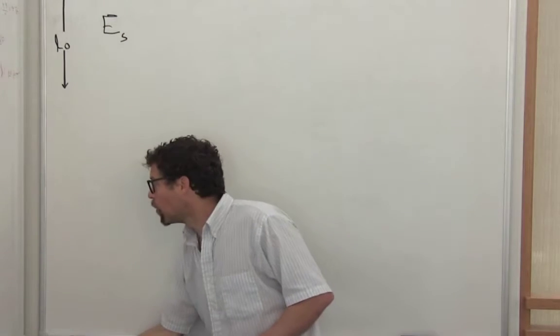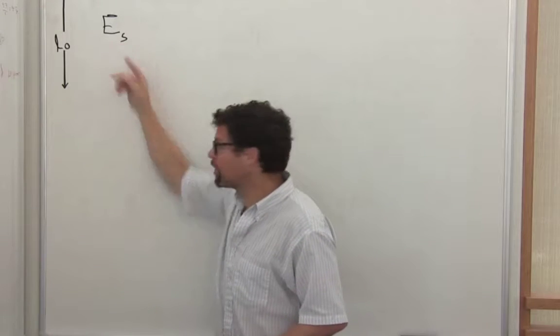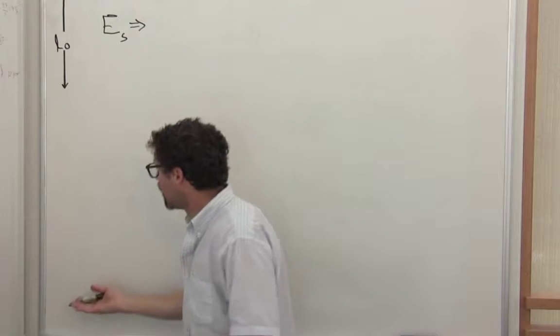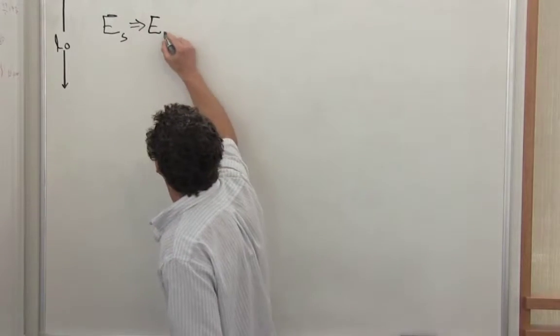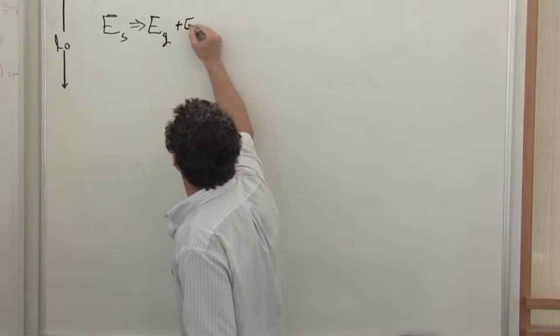And as I let it go, the spring pulls the mass up, and that potential energy of the spring turns into what? Some increased gravitational potential energy and some kinetic energy as the mass accelerates.